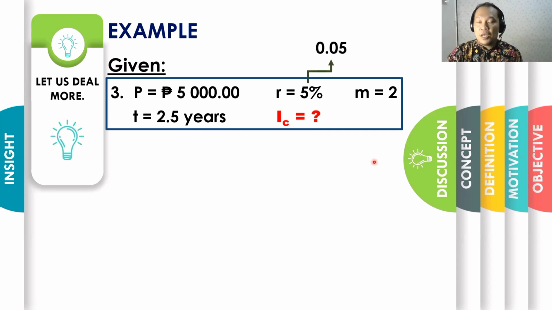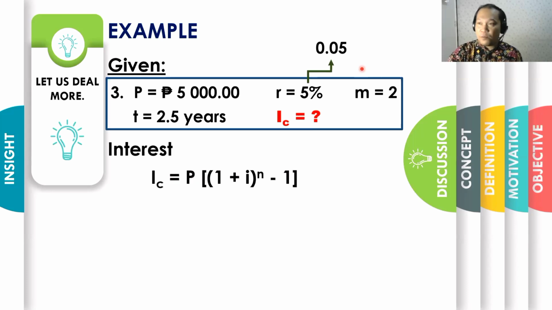But first, we are going to express our 5% to decimal, which is 0.05. And this will be our formula.